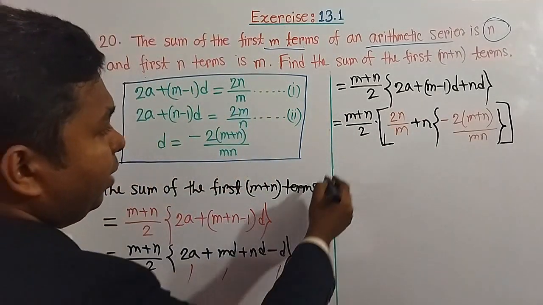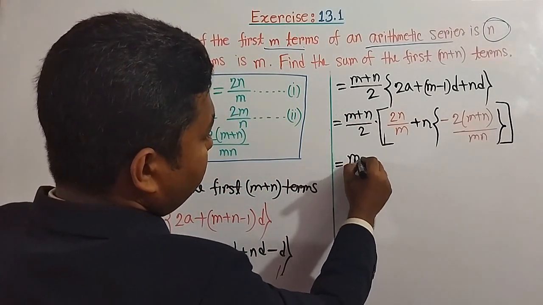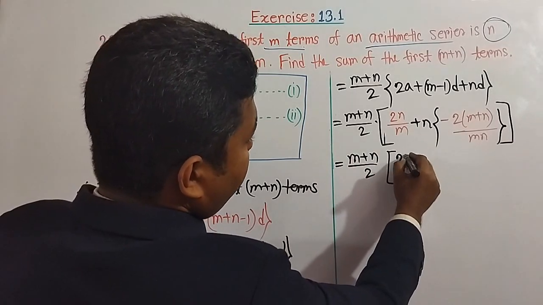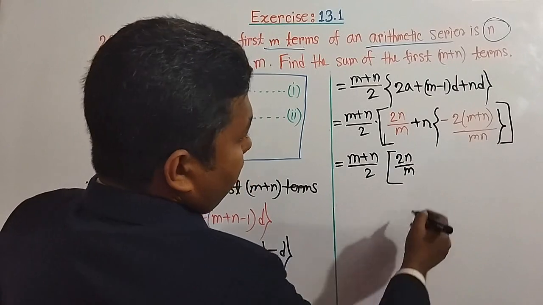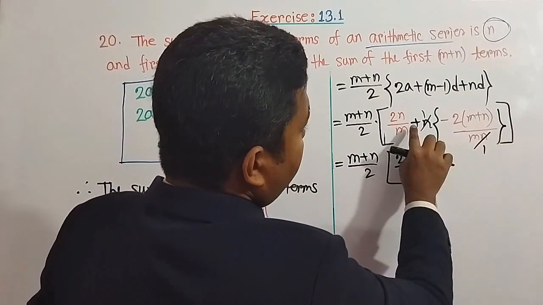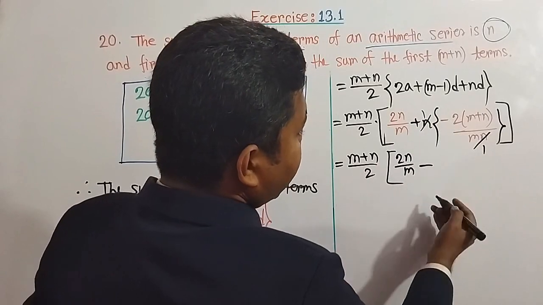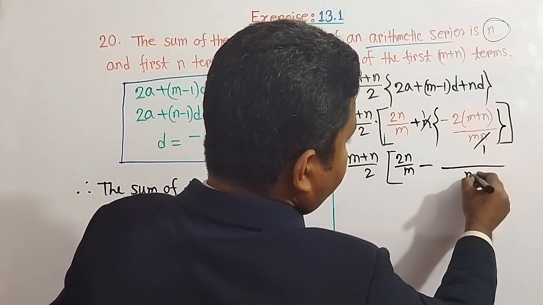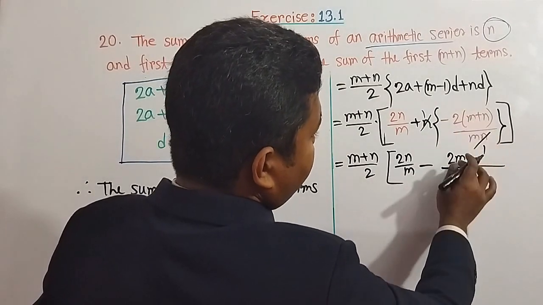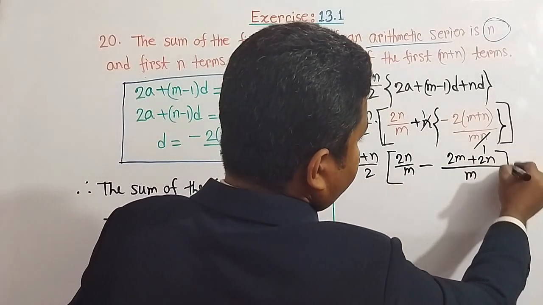Then here we have (m + n)/2, then here 2n/m, here n and n are cancelled, so plus minus becomes minus, here only m, and here 2m, multiplying this we get 2m plus 2n.